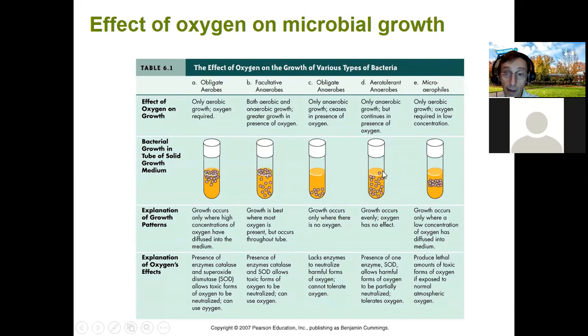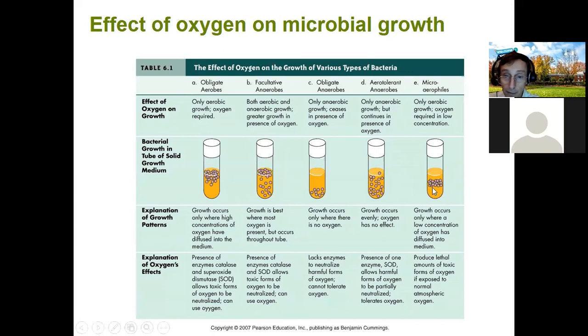All right, no question. The last one is a microaerophile. These organisms are aerobes. They do perform aerobic respiration, and they have to perform aerobic respiration, so they do require oxygen to grow, but they do not like full oxygen. So you'll not see growth at the top of the tube.